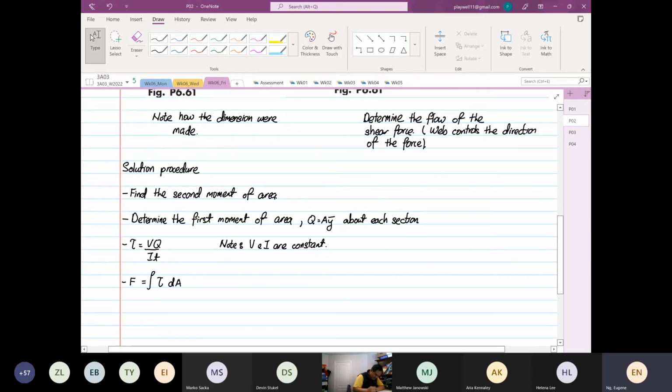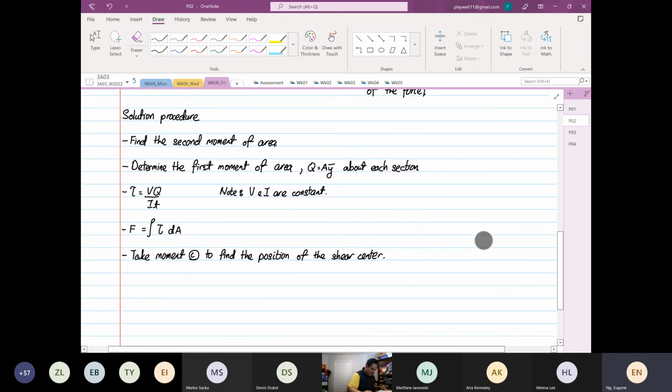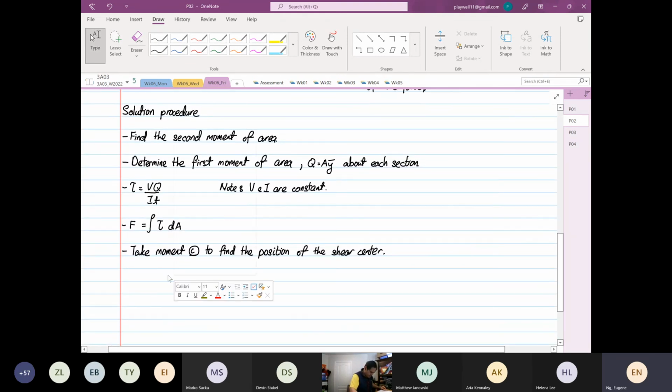And then finally, we're going to take moment about point C to find the position of the shear center. Okay, so let's start finding the first moment of area.